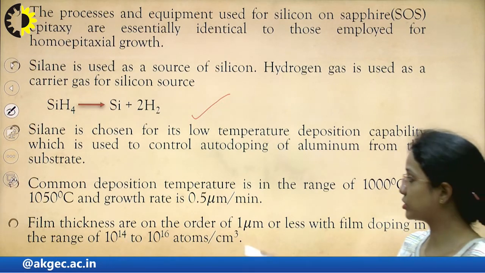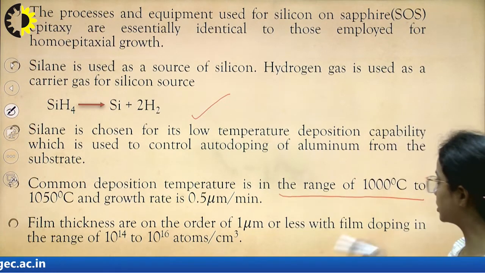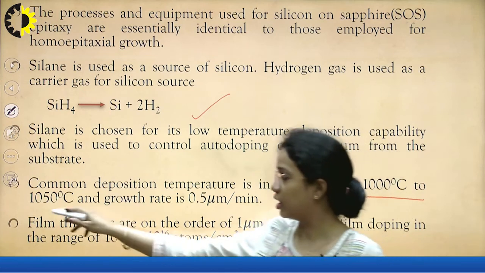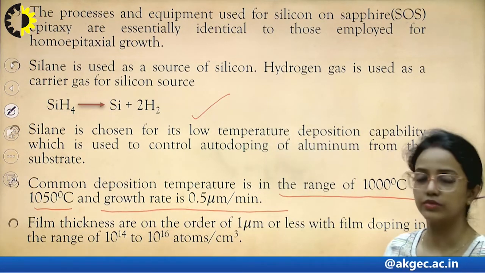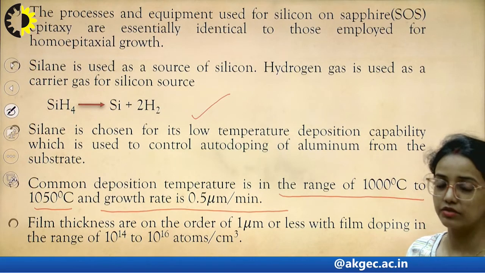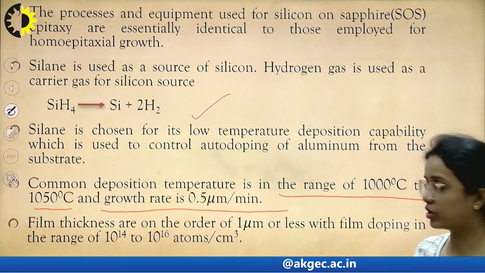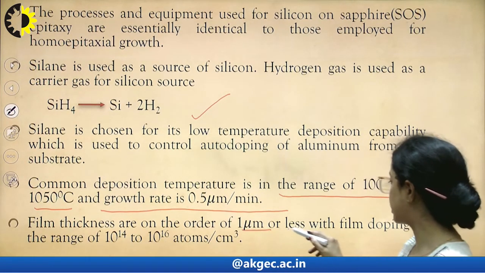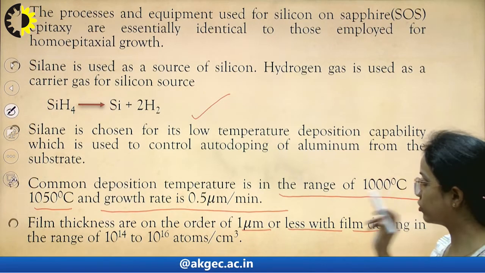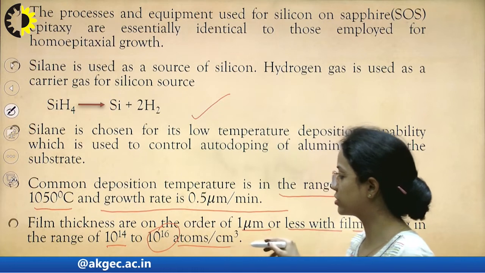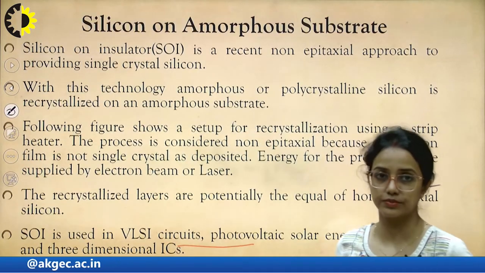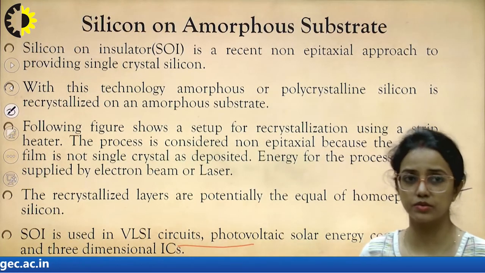The common deposition temperature is in the range of 1000 to 1150 degrees, and the growth rate will be 0.5 microns. So we can say that the film thicknesses are on the order of 1 micron or less, with film doping in the range of 10 raised to the power 14 to 10 raised to the power 16 atoms per cubic centimeter.